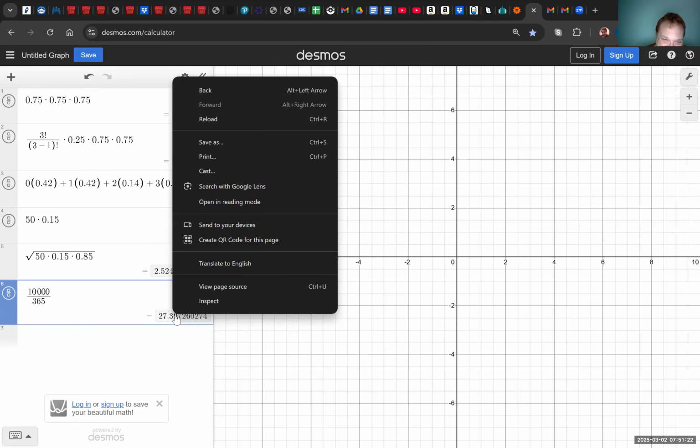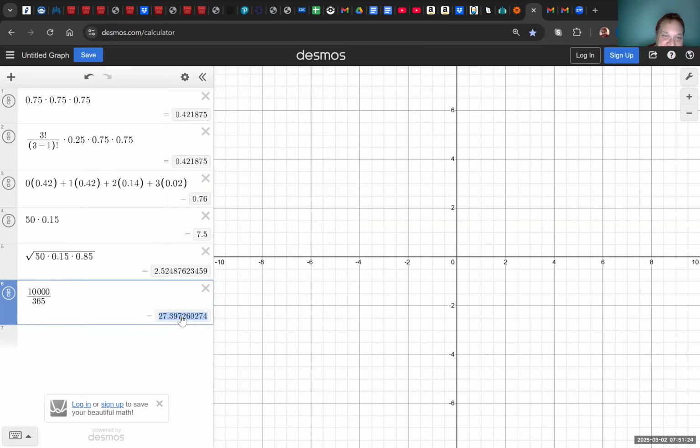I have a failure here to use technology, but old people, that's just normally what we do. So I'll hit Control C instead of trying to use the pull down menu. I've copied 27.397 to my clipboard. That is the average number of vacuums per day.